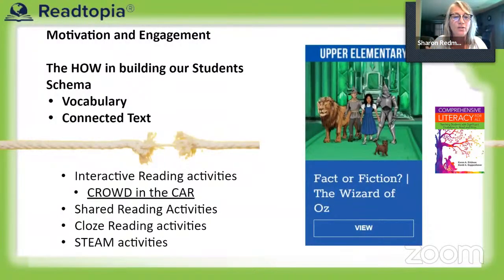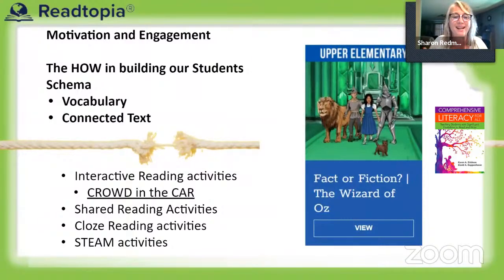And included also for this need for vocabulary and building this schema is when you're having those shared activities, for kids not to be passive participants, but to be active participants. To be an active participant in a shared, interactive, or close reading activity, you need to have words. You need to understand the meaning of those words to be able to participate.